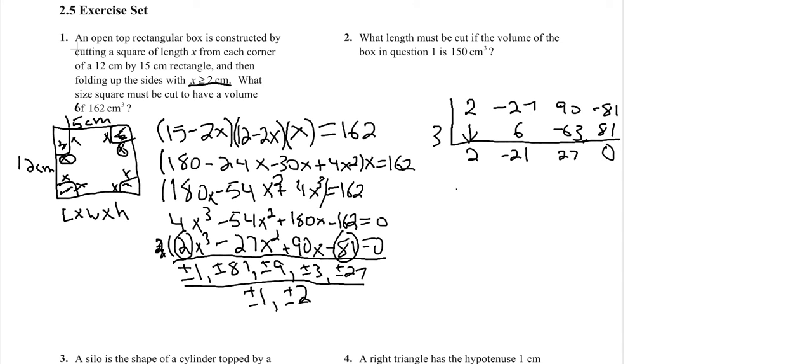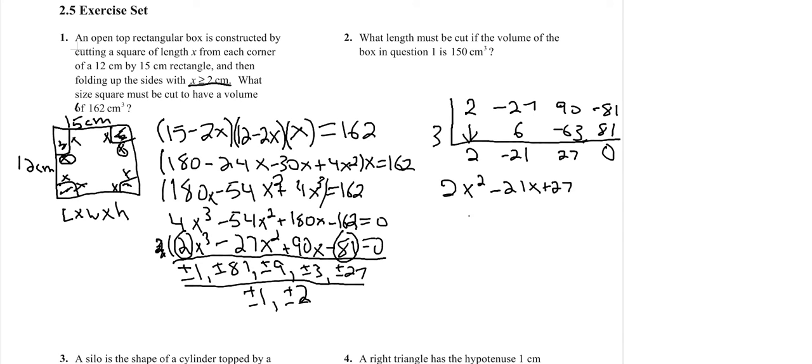So it's perfect, it means no remainder. We're good, so that is a 0. And so what we're left with is 2x squared minus 21x plus 27.